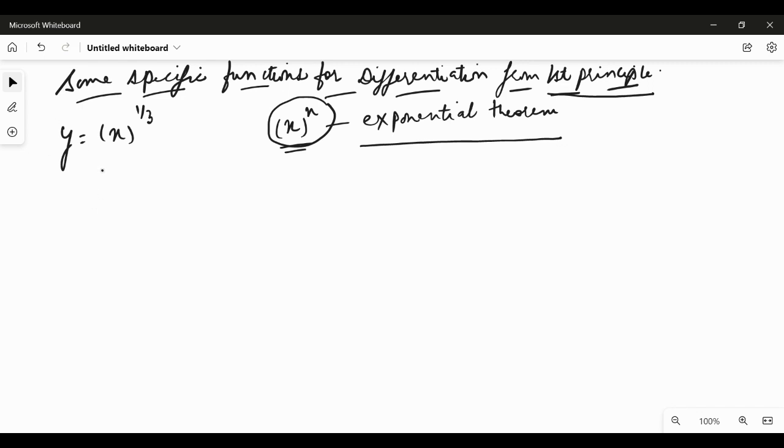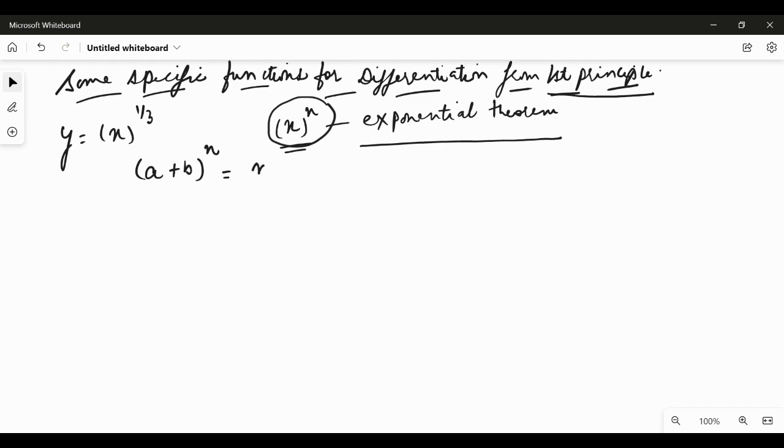Before proceeding toward the solution, let me first tell you a formula from mathematics, which is (a plus b) power n. Normally we do (a plus b) whole square, (a plus b) power 3. But if (a plus b) power n is given to you, then what is the expansion for this?